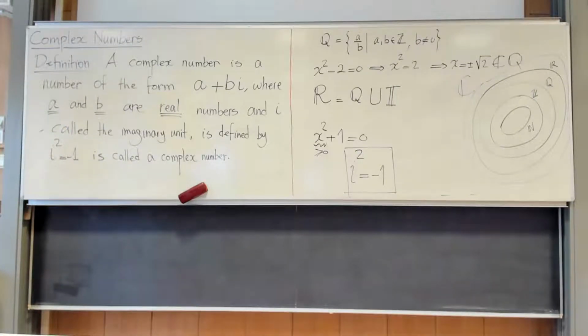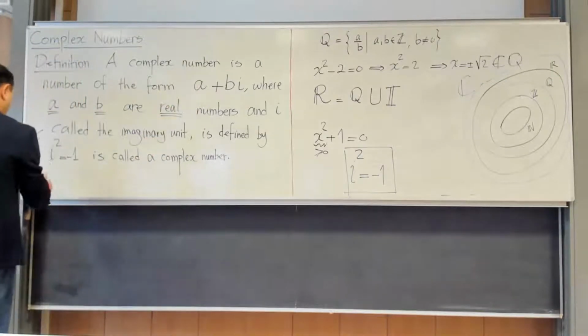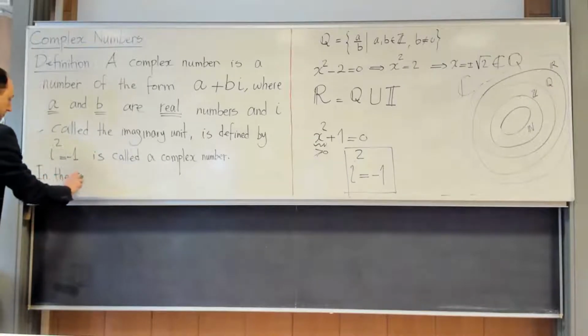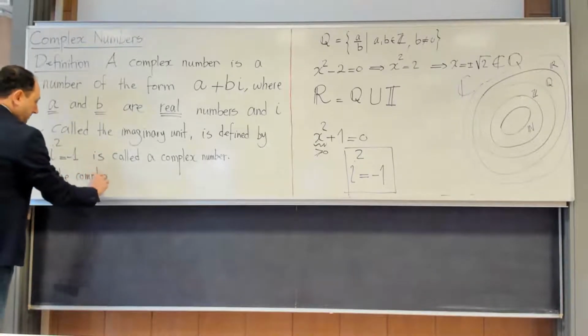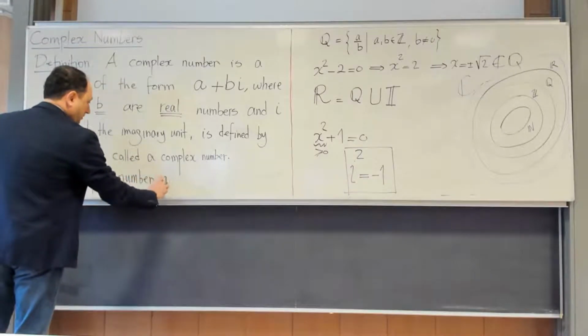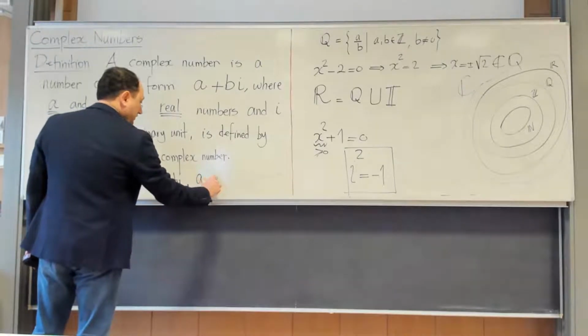And then in the complex number A plus BI, A is called the real part.